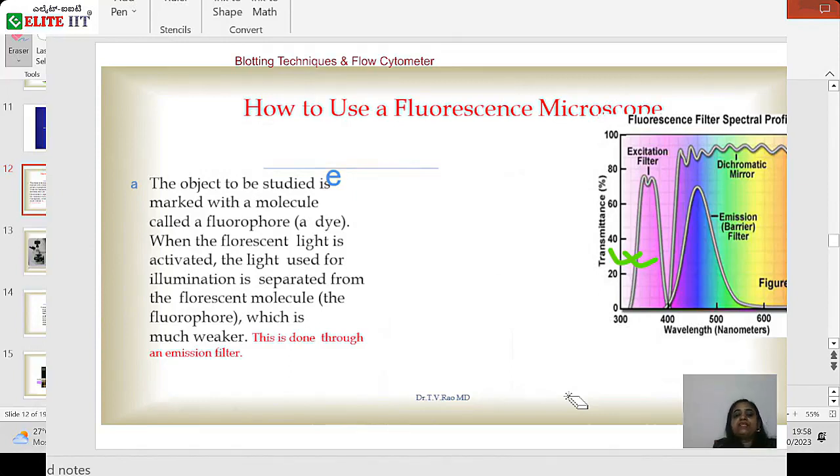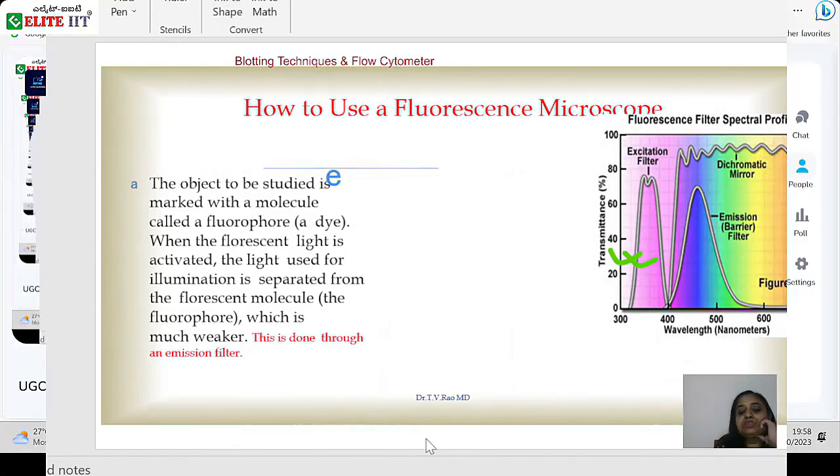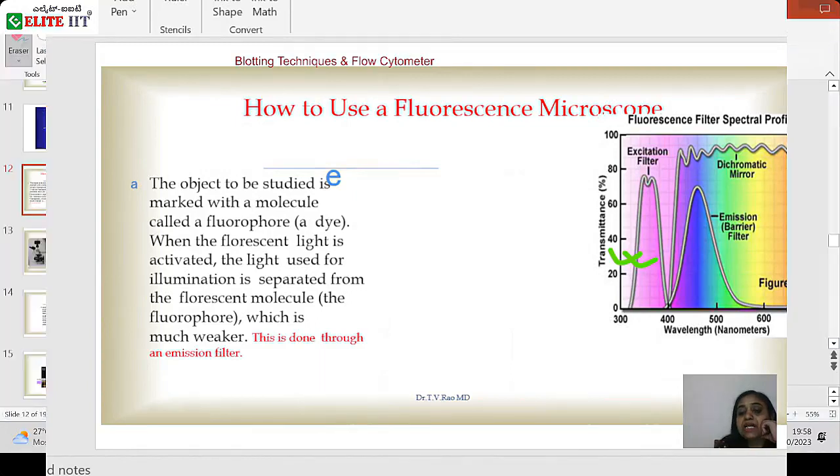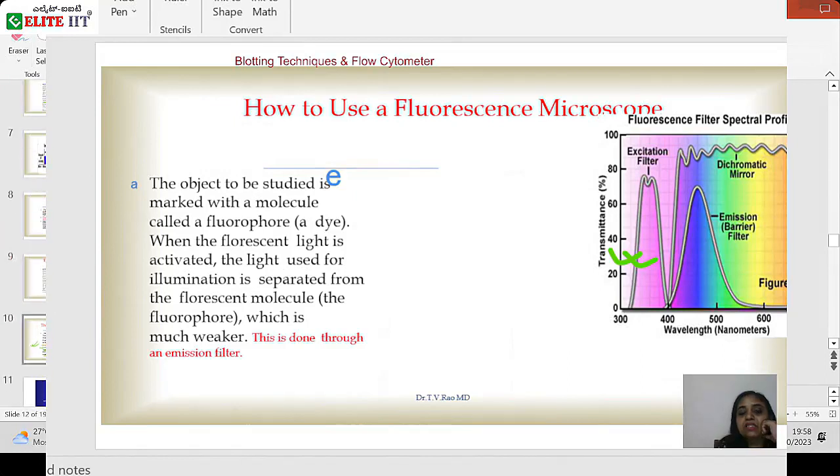You can find a different color for each fluorophore. In this process you can detect small particles and small molecules. Live cells can be stained, and live cells can be detected through this type of microscope.